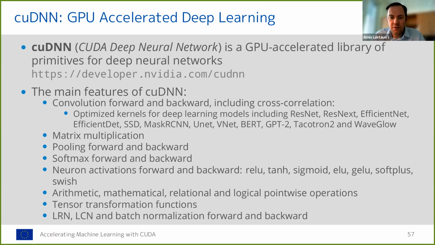What are the main features of cuDNN? cuDNN provides functions for convolution support, both forward and backward, including cross-correlation. cuDNN implements a large number of different algorithms, and the good thing is that cuDNN is able to automatically choose the most appropriate algorithm for the forward or backward pass based on the input data. So the user is not obliged to manually choose which algorithm to use.